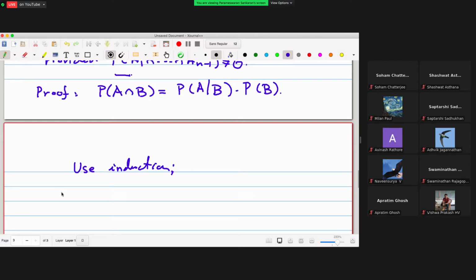Suppose that for n equals 2, the way I have written it, B is equal to A1 and A is A2.